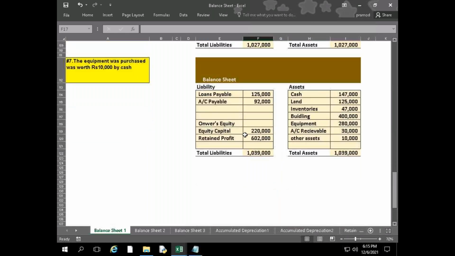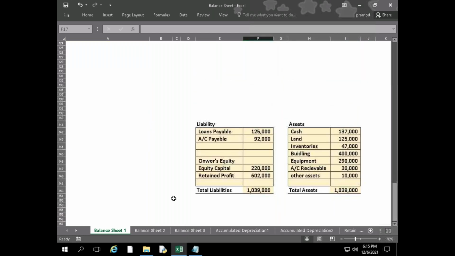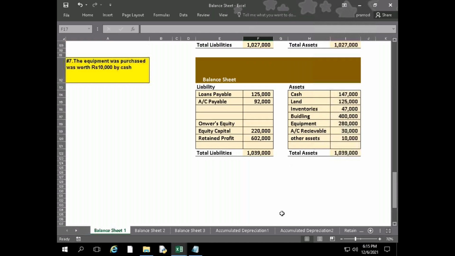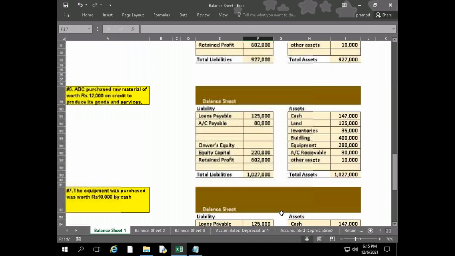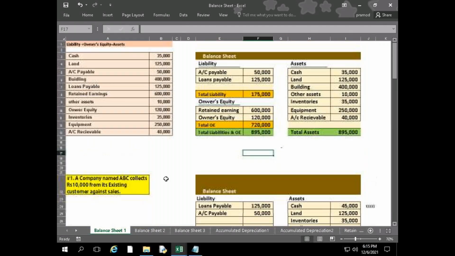At the end you have the answer. This is the format: it should finally show 10,39,000. So change it, do what you need to do from the third case.